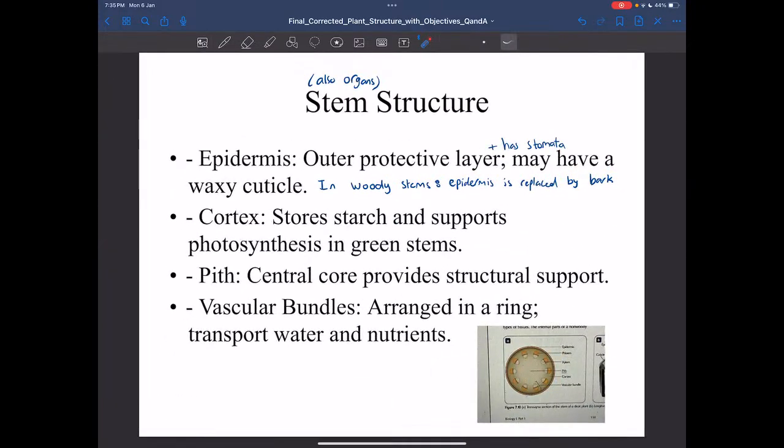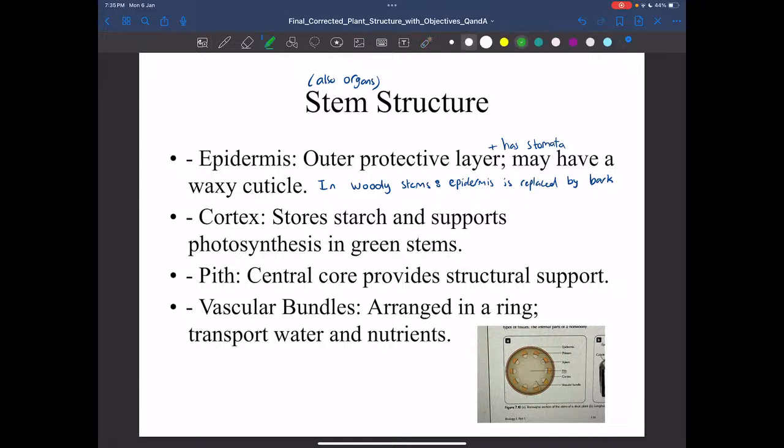Now to look at the stem structure, which is also another organ, part of the shoot system. Again, we have the epidermis, which is the outer protective layer, which may have a waxy cuticle or may not have a waxy cuticle, and it also has stomata, but remember we said not as numerous as in the lower epidermis.